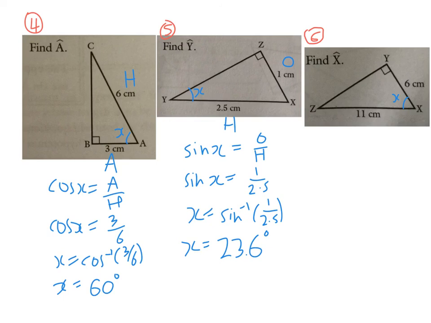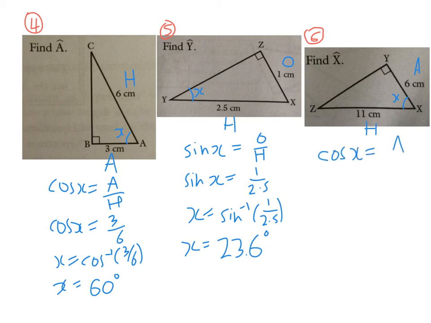Number 6 then, finally, we've got to mark on the angle we're looking for, which is that one at x. Again, be careful. Opposite the angle here, this is the opposite. It's not the hypotenuse. The hypotenuse is the longest side, opposite the right angle. So the bottom one is our hypotenuse. And this is the adjacent because it's next to the angle. A and H is cos.